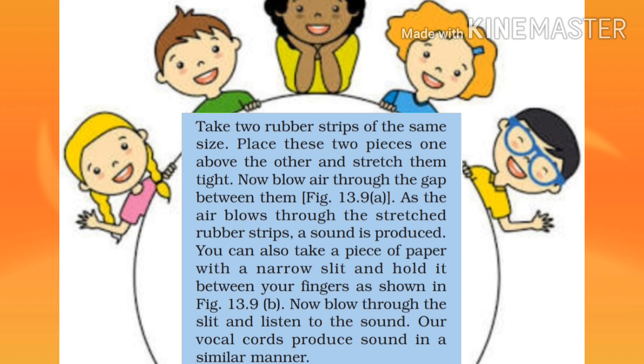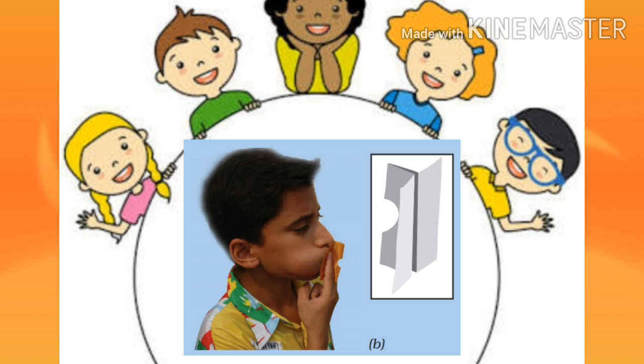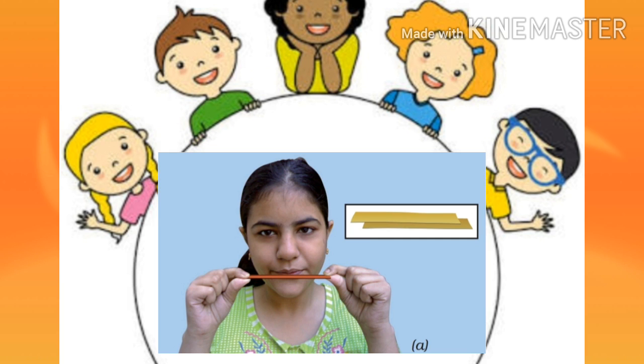So here we have to observe the two figures, figure number 9.9a and figure number 9.9b. Here in the first figure, the girl has two rubber strips, and we have to keep one above the other. After keeping, you can observe that we have a very narrow slit between the two rubber strips, right?